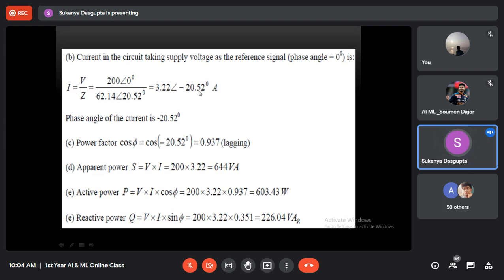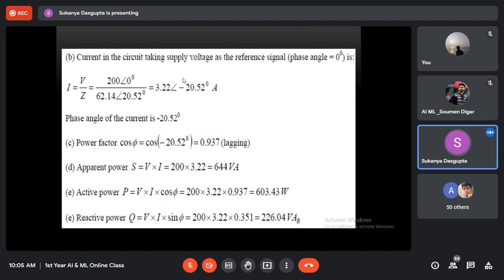Minus 20.52 degree. Now can anyone tell me what this minus sign indicates in practice? There is a specific significance of this negative sign. Yes, the current is lagging the voltage by 20.52 degrees. Absolutely correct.